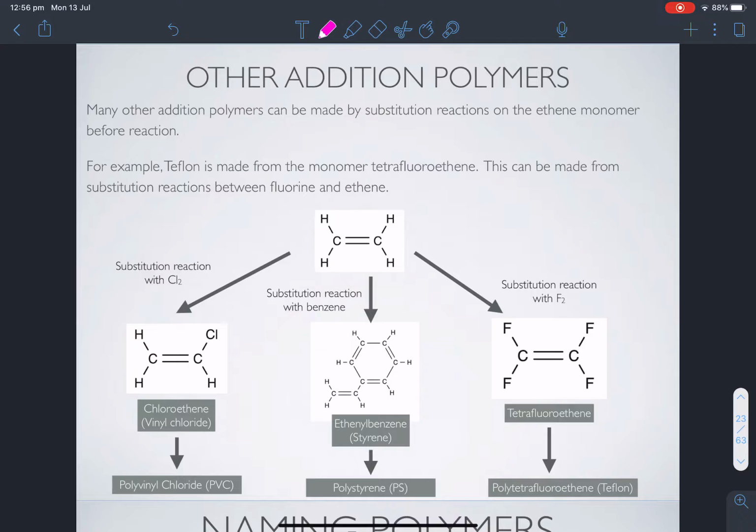Okay, enough about Teflon. It is an addition polymerization because you're going from a double bond in the ethene backbone to a single bond. Another addition polymer is PVC. We do an addition reaction with the ethene to put a chlorine on there, and this is called chloroethene, or the old name vinyl chloride.